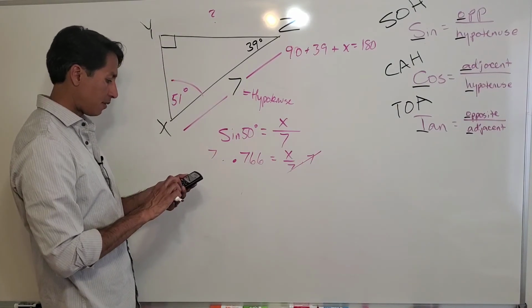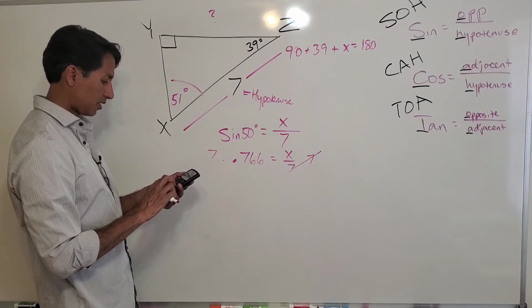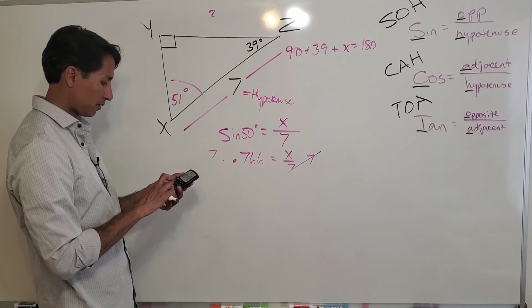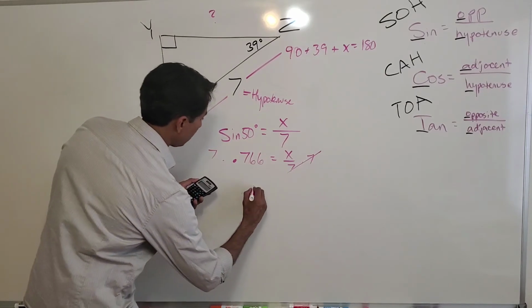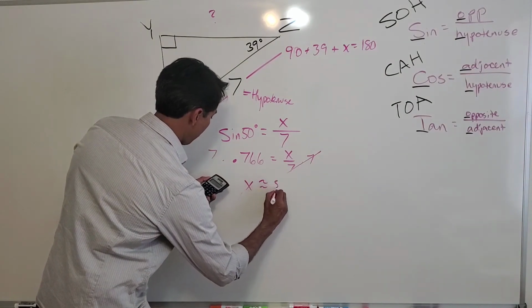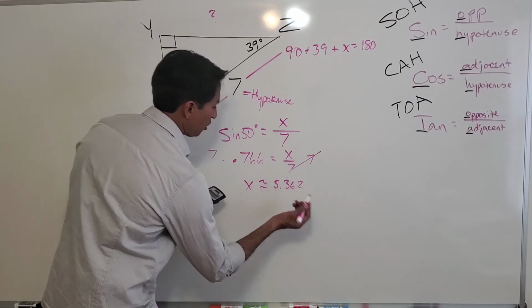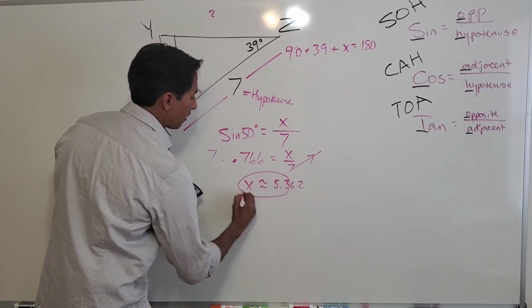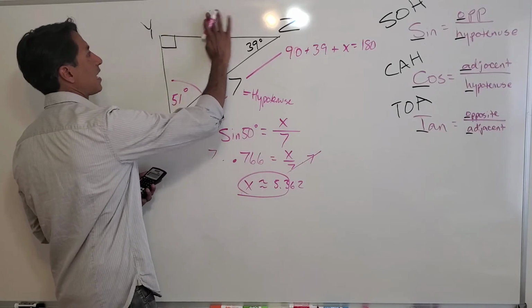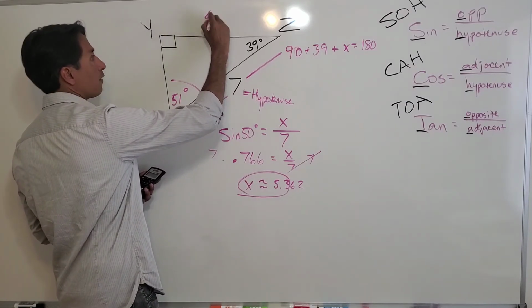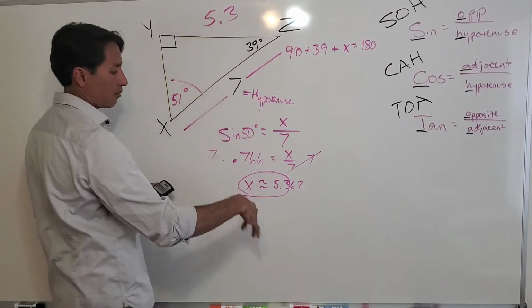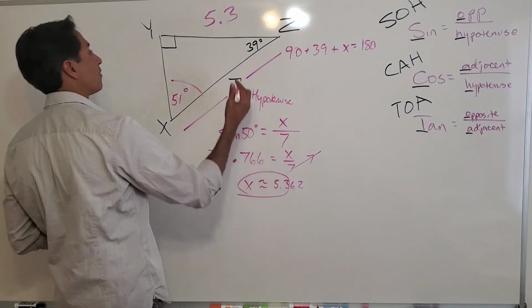So I have 0.766 times 7, which is about 5.362, about 5.3, whatever, okay? So we can say this side over here is 5.3. You want to round it to 5.4, that's fine, whatever.